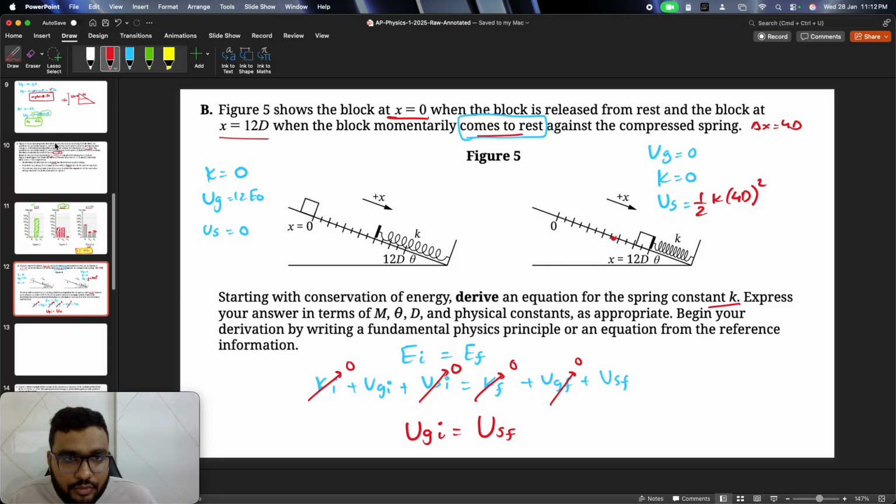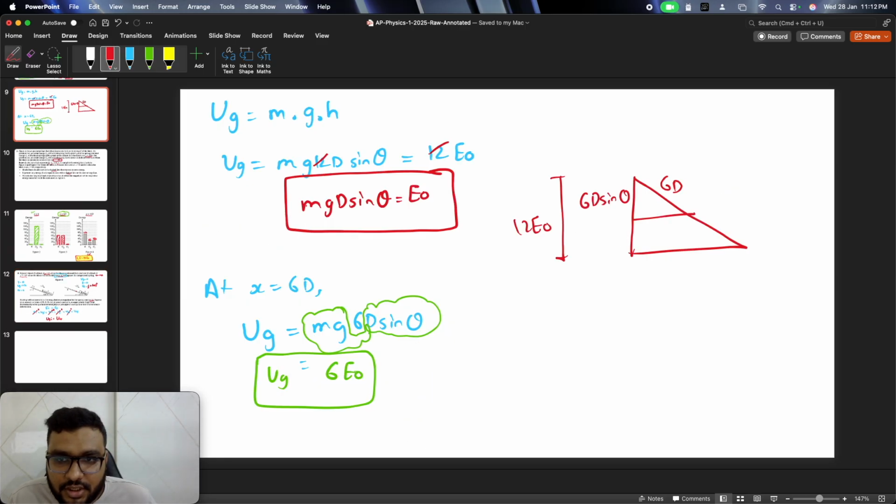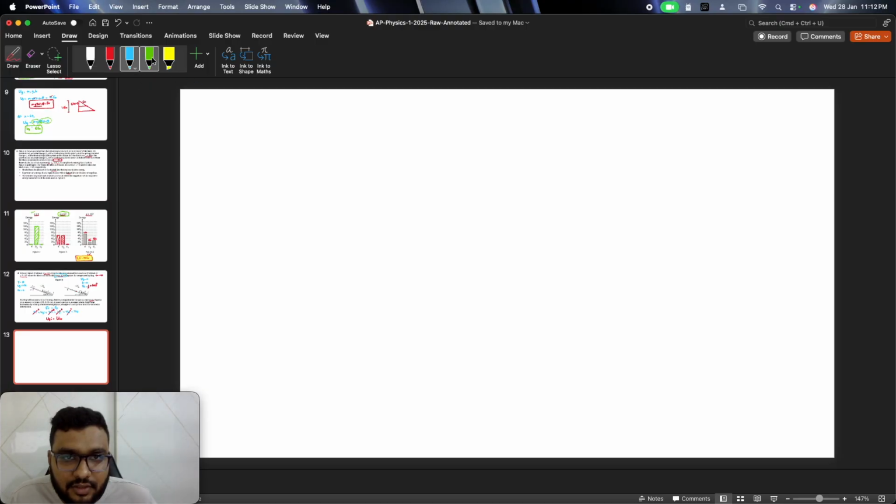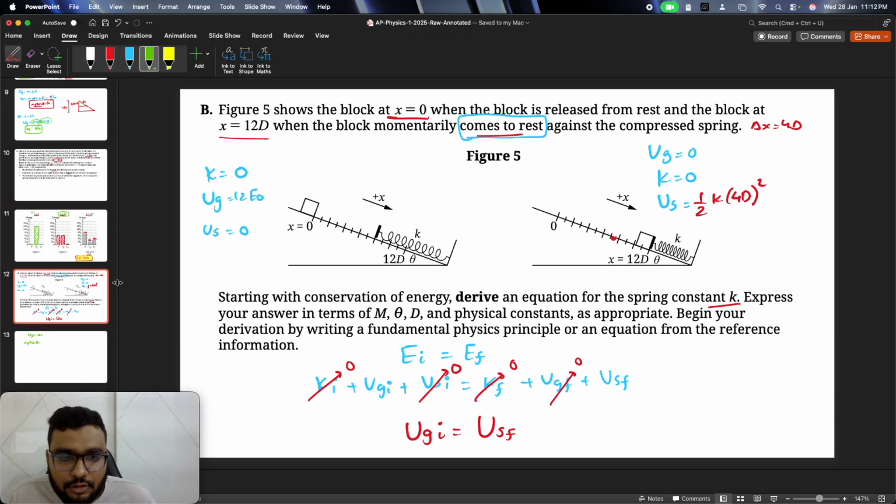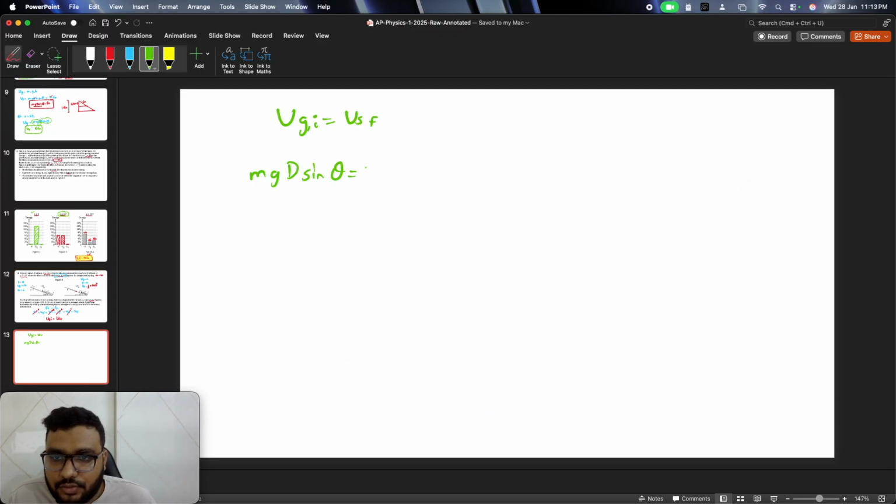Now here we have already derived what Ug is. Ug is given as mg d sine theta. So I can use that value over here. So Ug equals Us, this is in initial and this is in final. I know this is mg d sine theta, and U final I have already calculated over here, that is half k 4d square. So equals half k, 4 squared is 16, so 16d square.